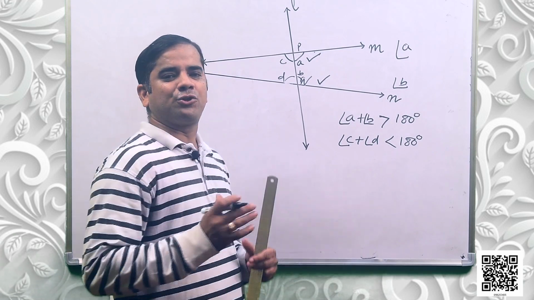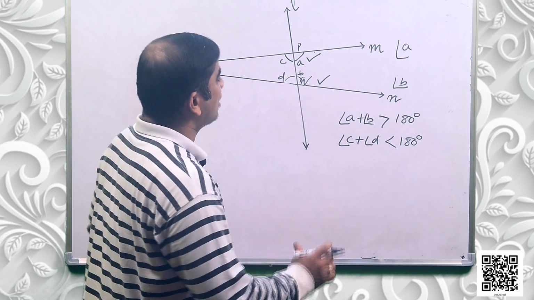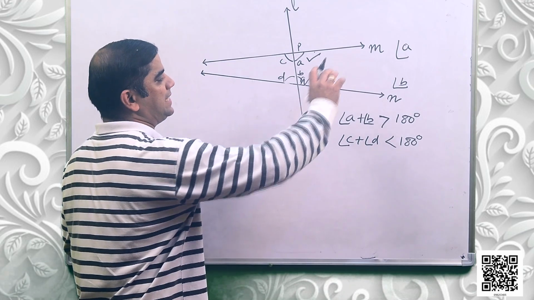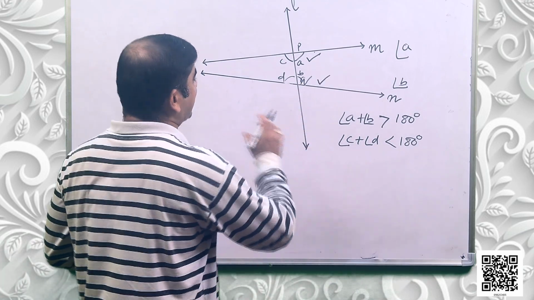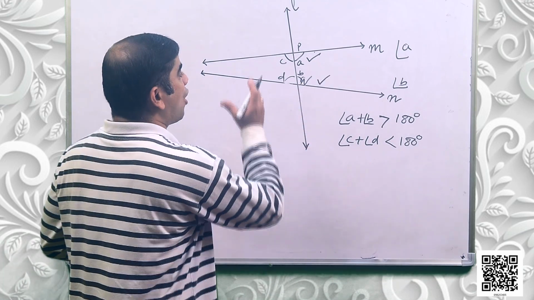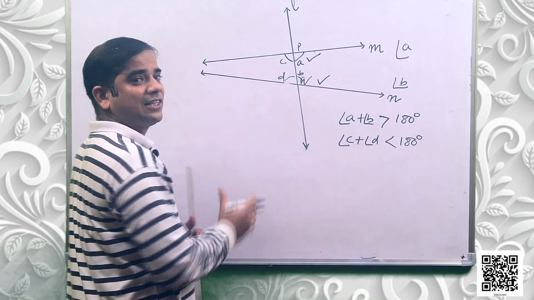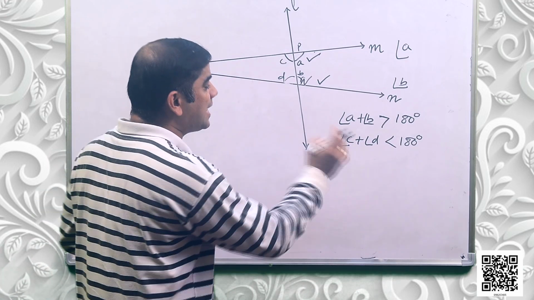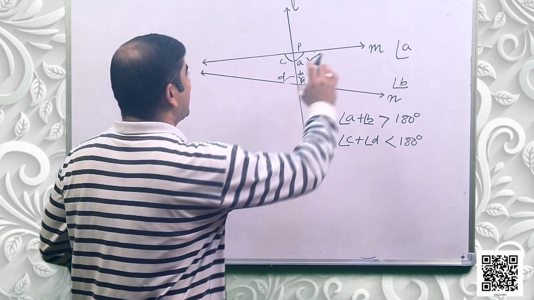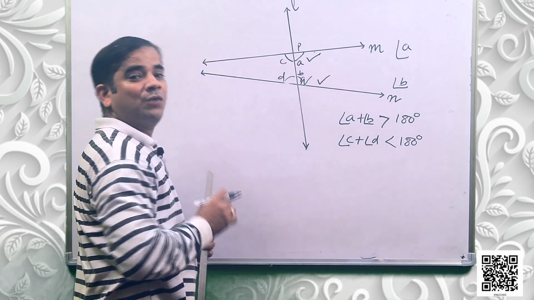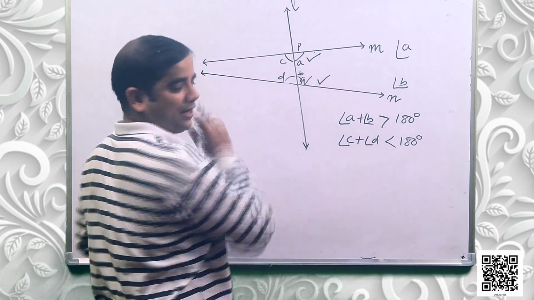So as per postulate 5, when we produce the lines on the side of the internal angles whose sum is less than 180 degrees, then both the lines will meet at some point.